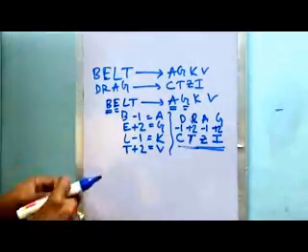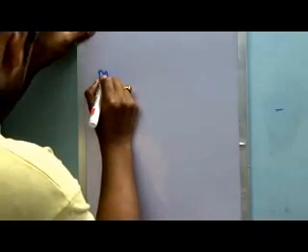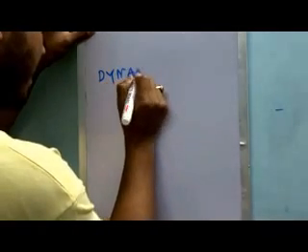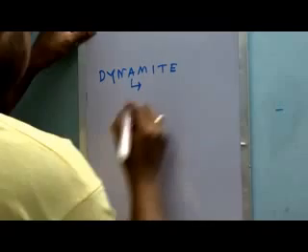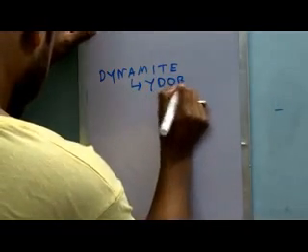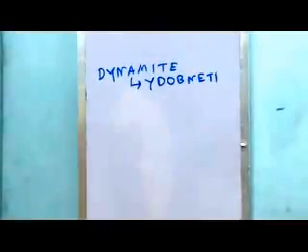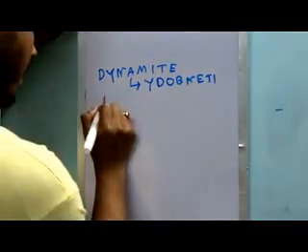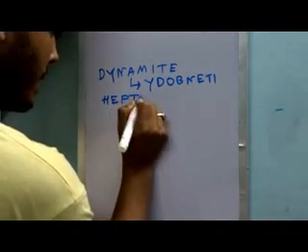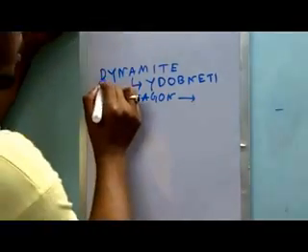Similarly, one word DYNAMITE is coded as something, so how will the word HEPTAGON be coded, or how is this particular coding decoded as this?